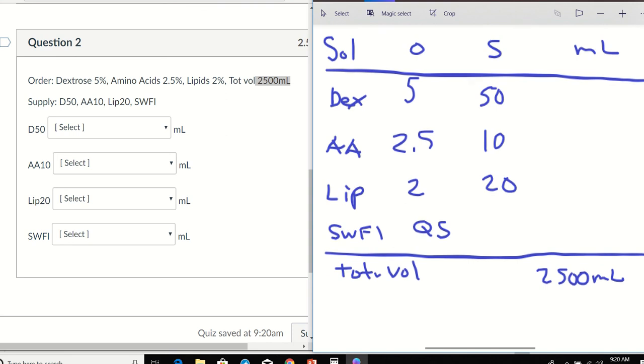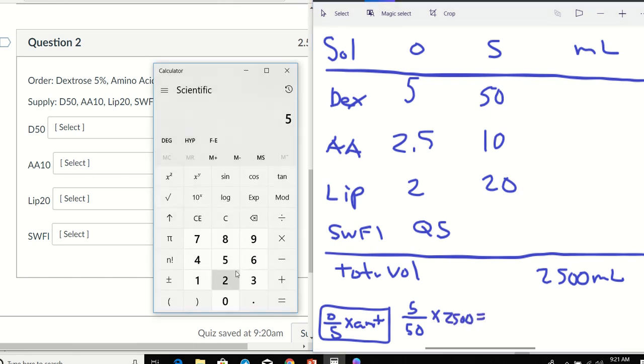All right, the math: order over supply times the amount. Dextrose. What is the order for dextrose? 5%. The supply is 50%. And our total volume is 2,500 mLs. So 5 divided by 50 times 2,500 is 250.